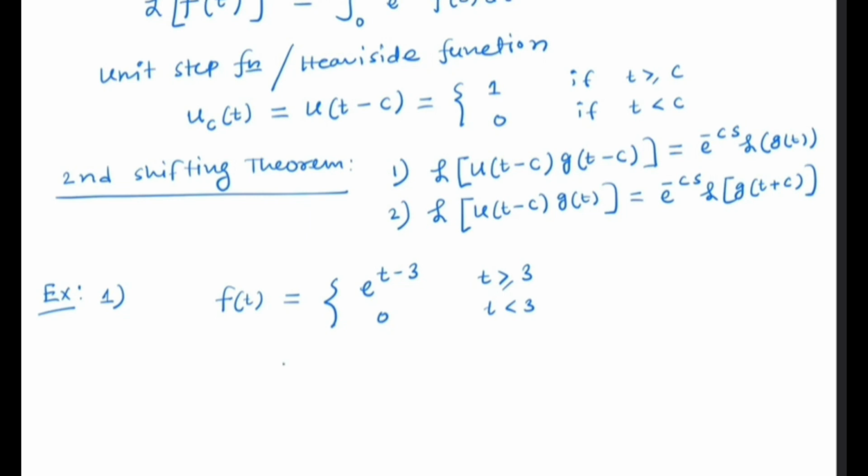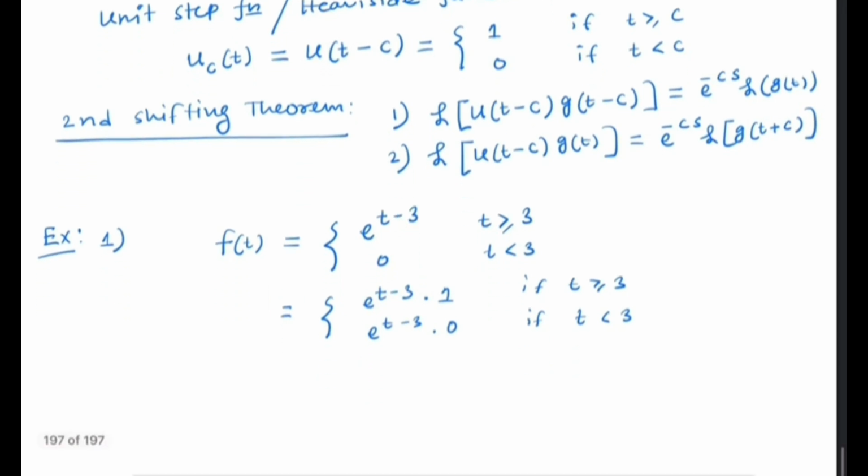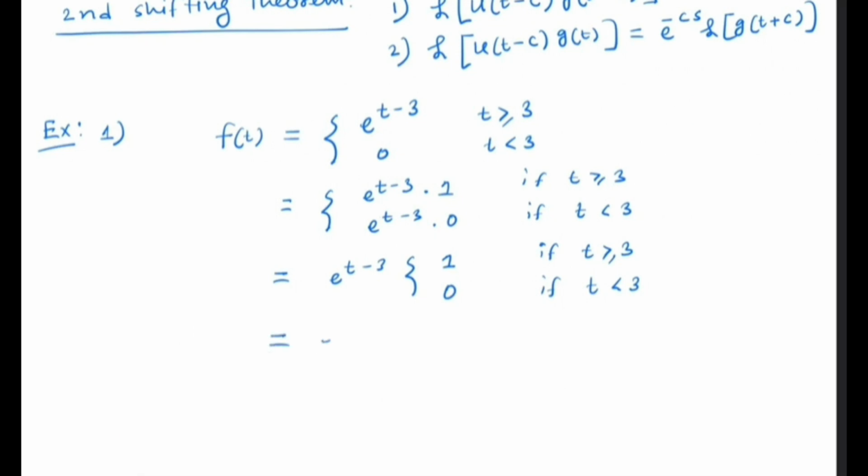Note that we can write this function as e power t minus 3 into 1 if t is greater than or equal to 3 and e power t minus 3 into 0 if t is less than 3. So we can take e power t minus 3 common, times 1 if t is greater than or equal to 3 and 0 if t is less than 3. So f of t is nothing but e power t minus 3 into u of t minus 3.